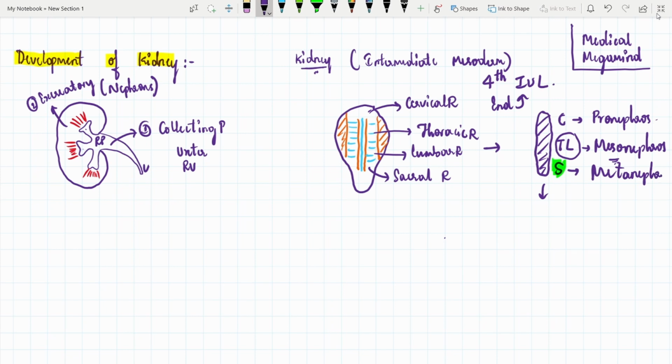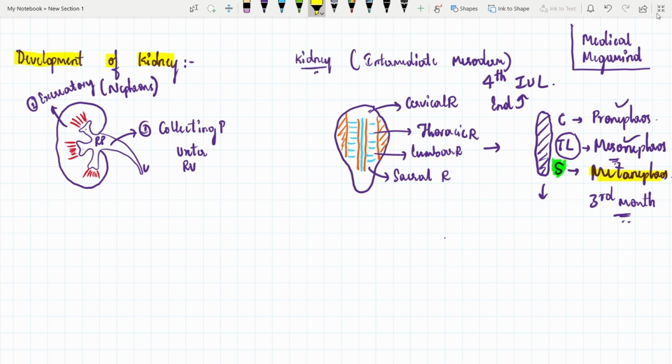And it starts occurring at the beginning of the third month. So this will degenerate, this will also degenerate, but this one persists. What is that? Metanephros. This is going to develop into the adult kidney, right?